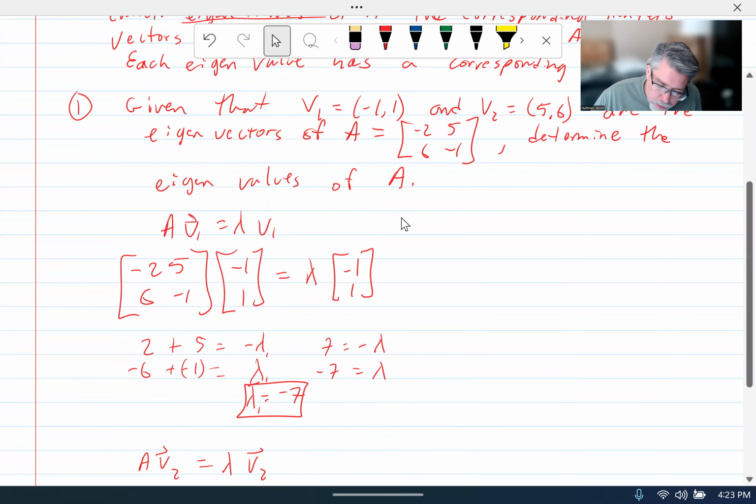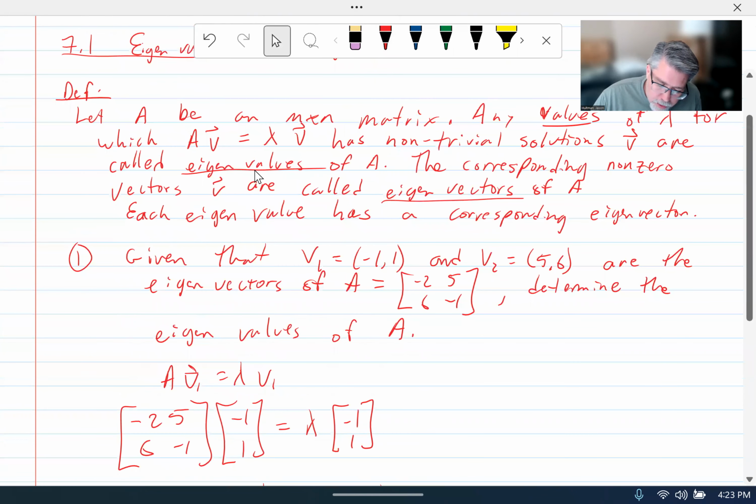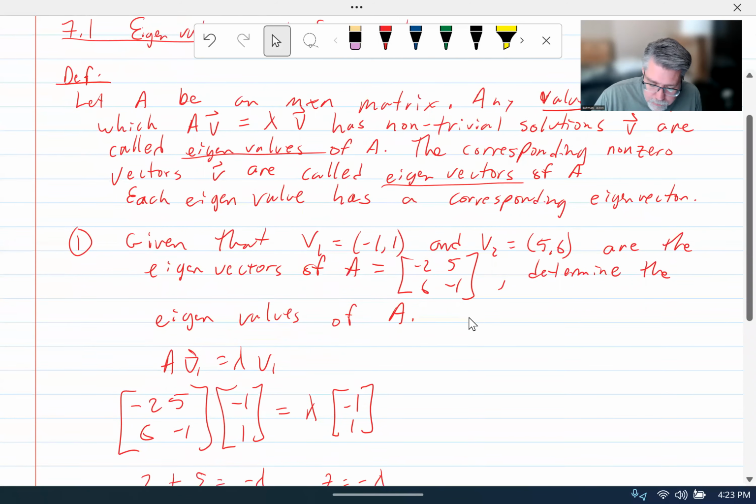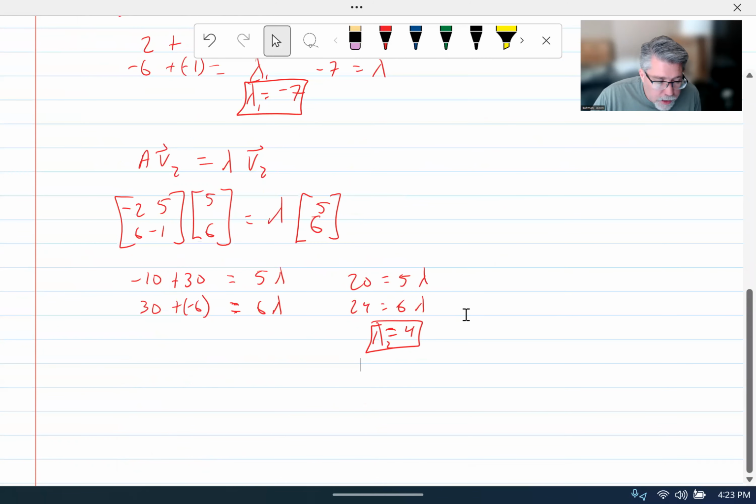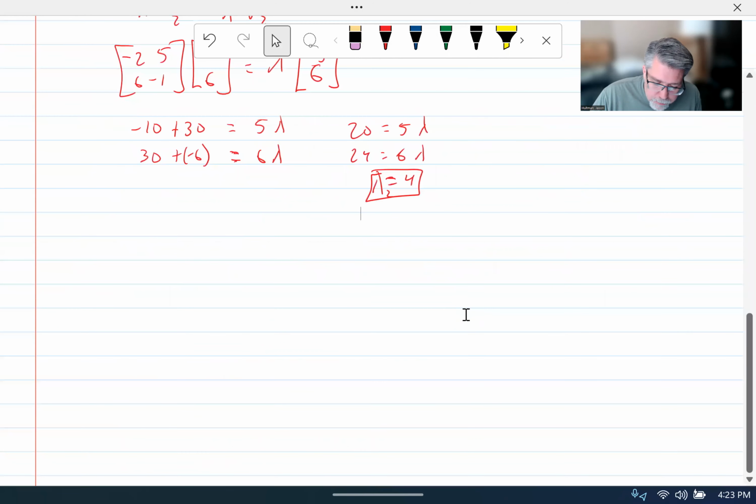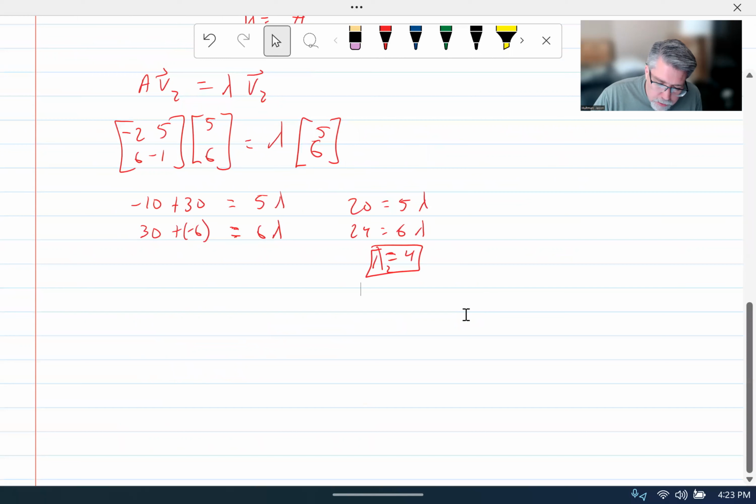Now we were given the eigenvectors, but could we find the eigenvectors and the eigenvalues if we were just given the matrix A? Because these eigenvalues and eigenvectors are very special, and each unique matrix produces unique eigenvalues and eigenvectors.